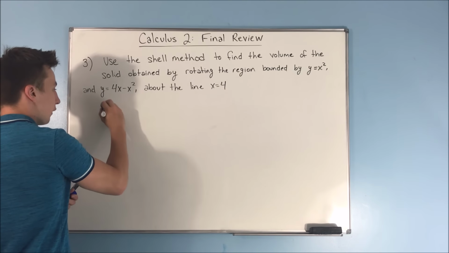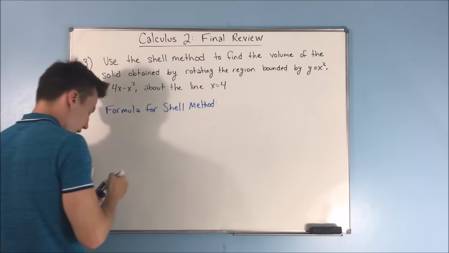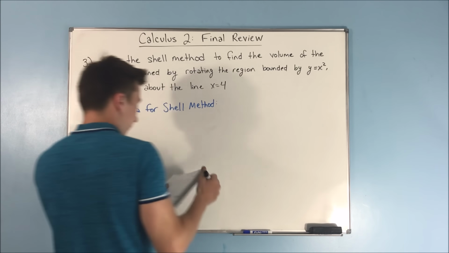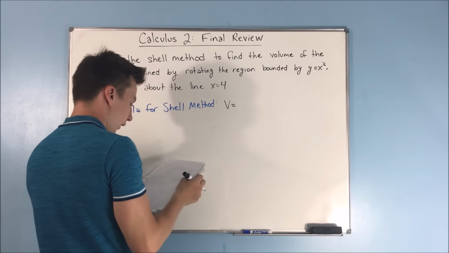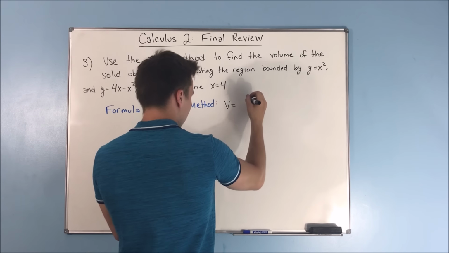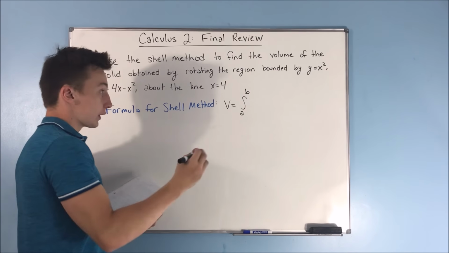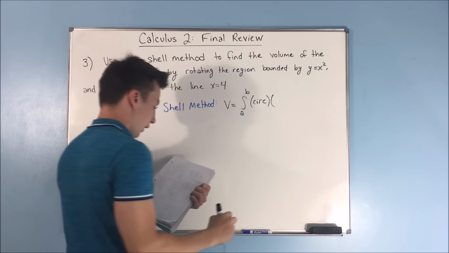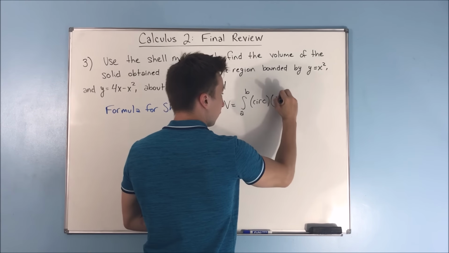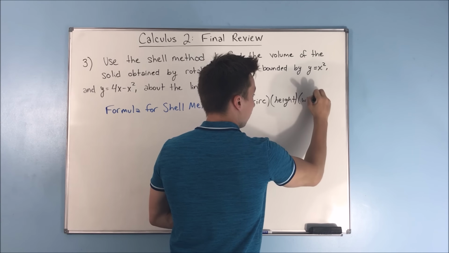The formula for the shell method says that your volume is going to be equal to the integral from a to b of your circumference times your height times your width.